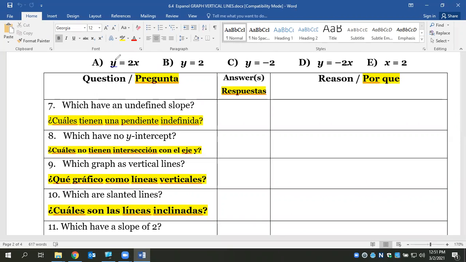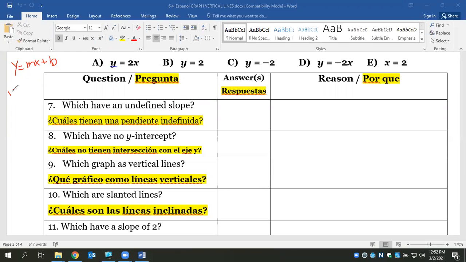So keep in mind, y equals 2x, y equals 2, y equals -2, y equals -2x, and x equals 2. If you see the slope-intercept form, we know what that means. The m is the slope and b is the intercept.